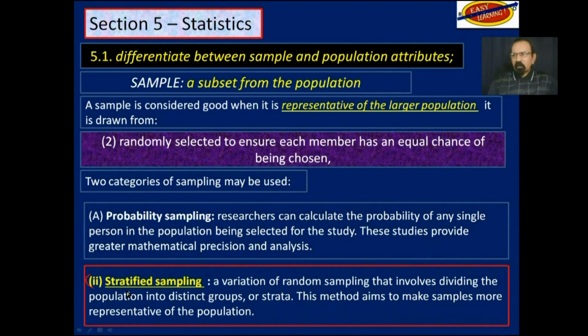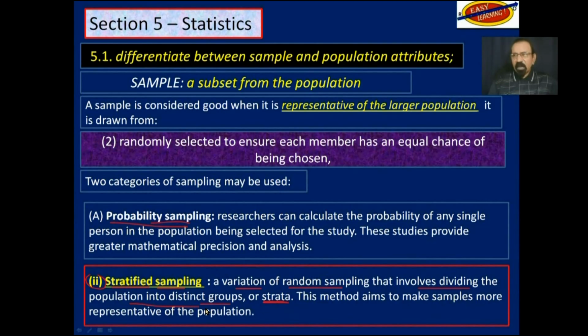The next one, we are still on probability sampling, is stratified sampling. Now, this is a variation of the random sampling we just looked at. It involves dividing the population into distinct groups or strata, maybe age. And then once you have the strata, you use the simple random method.